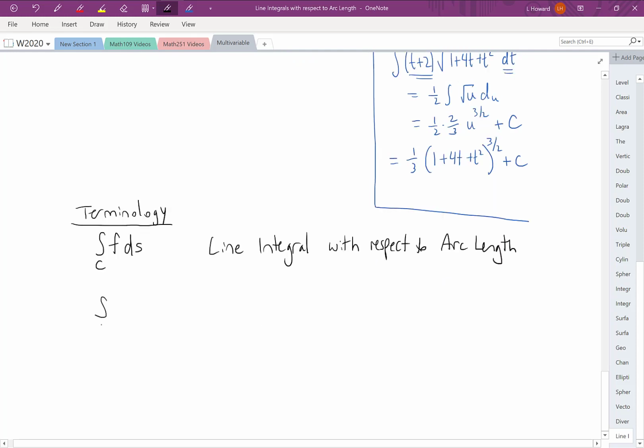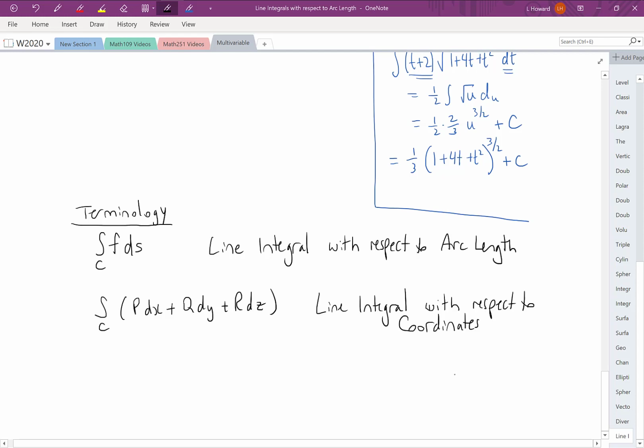So that's in contrast to something like the integral along c of something that has the form, say, p dx plus q dy plus r dz, where p, q, and r would be some functions involving x, y, and z. Something like this is called a line integral with respect to coordinates. And we'll talk about these line integrals with respect to coordinates in an upcoming video.